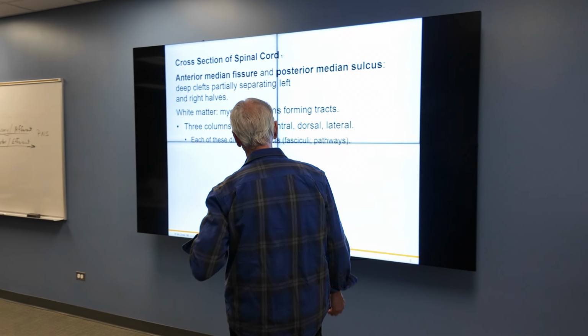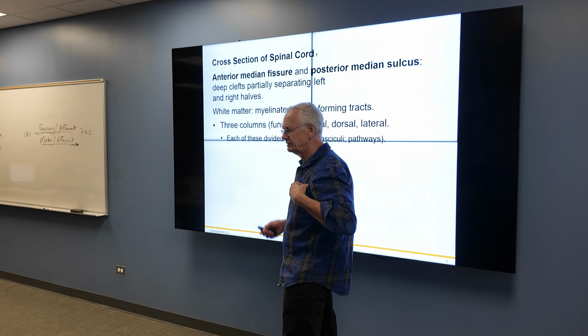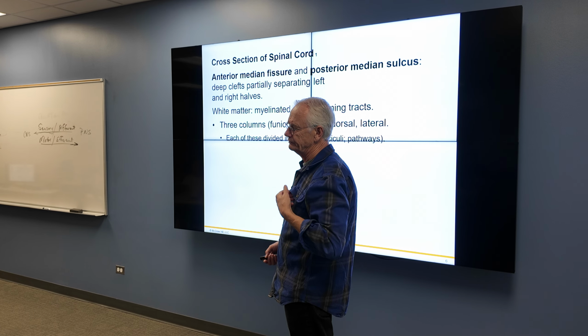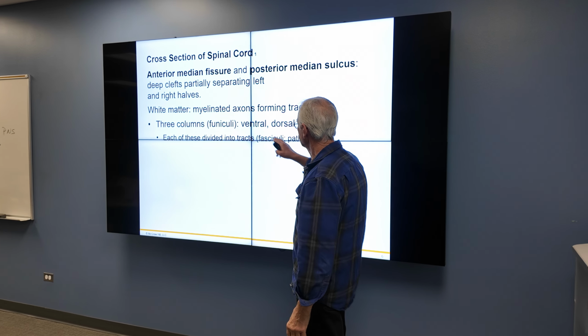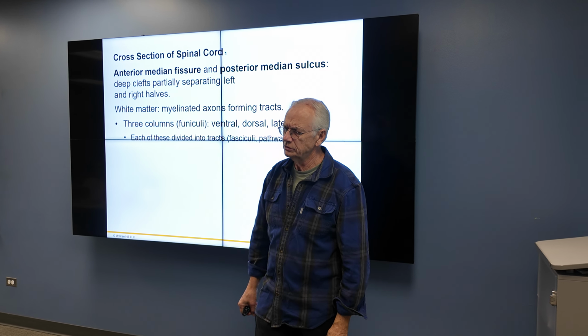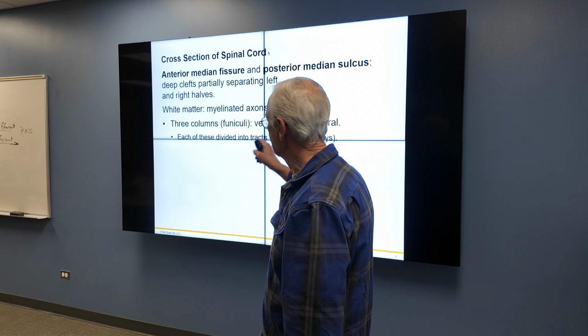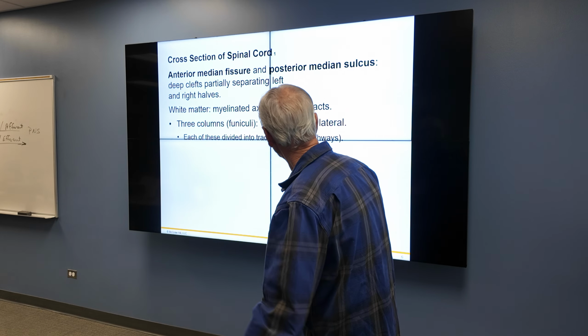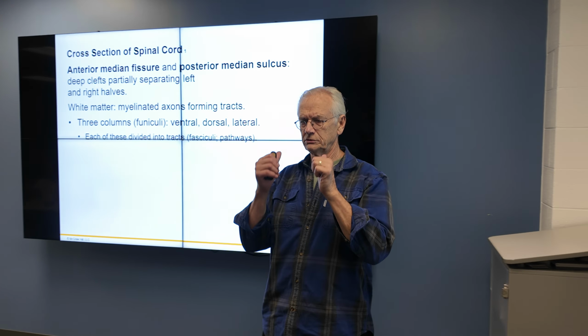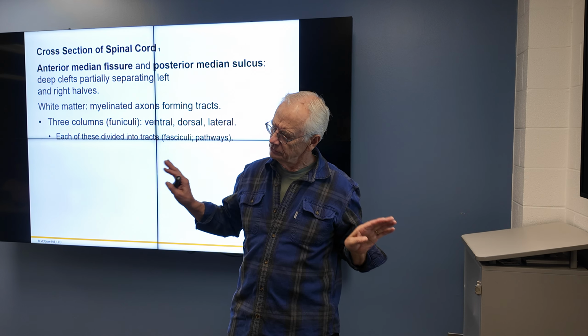There are three columns, also referred to as funiculi. We're going to have a ventral column. Where would you look for a ventral column? Toward the front. Where would you look for a dorsal? Toward the back. Where would you look for the lateral? To the side.